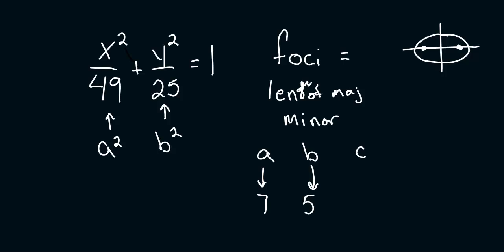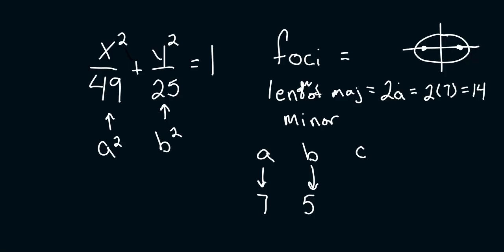All right, so my major axis, we're going to do 2 times our A, 2 times the 7, which is 14. Oh, again, it's too late. You already watched it.